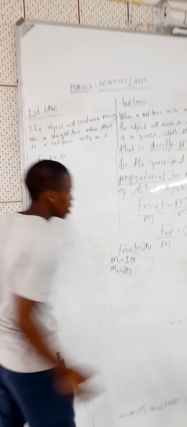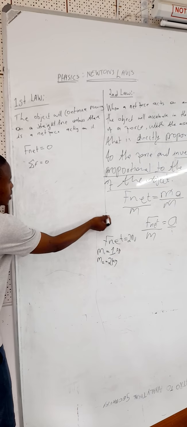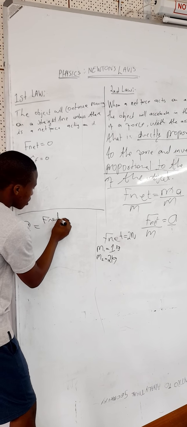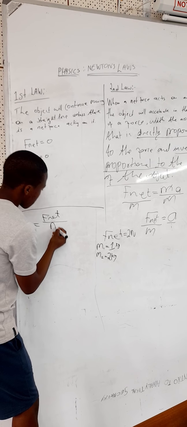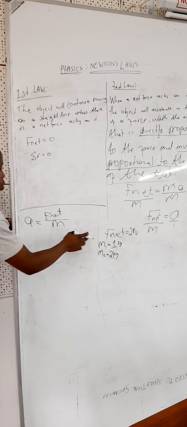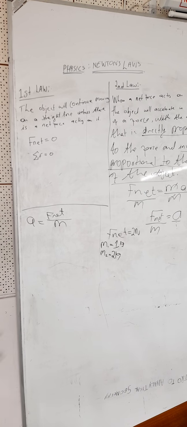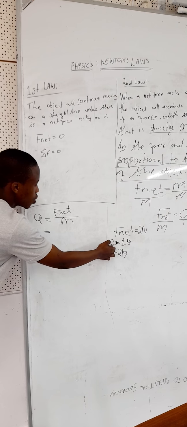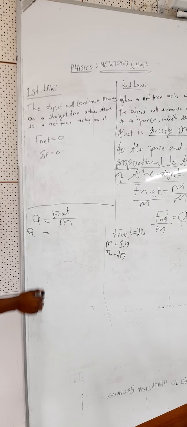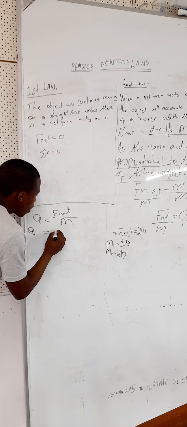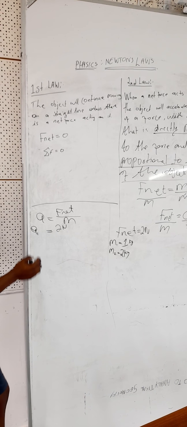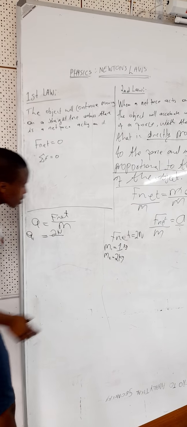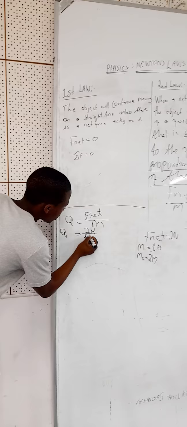Then this is the equation for the acceleration: A equals F net over m. Now let's substitute. The force is constant for both. For A1, we substitute m1, so we have 2 newtons as the numerator, all divided by 1 kg.